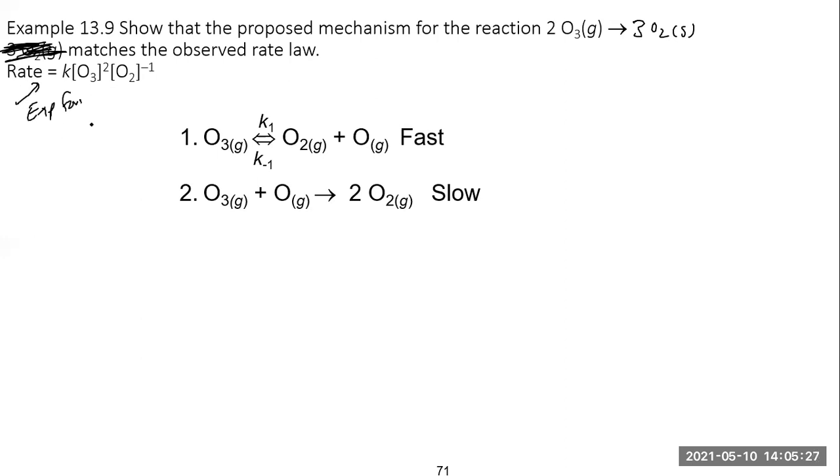So take a couple minutes, not only say yes or no, but you need to prove it, right? Also, while you're there, why don't you determine the intermediates? All right, so take a few minutes, prove that this is either a good mechanism or a bad mechanism based on the information given to you.